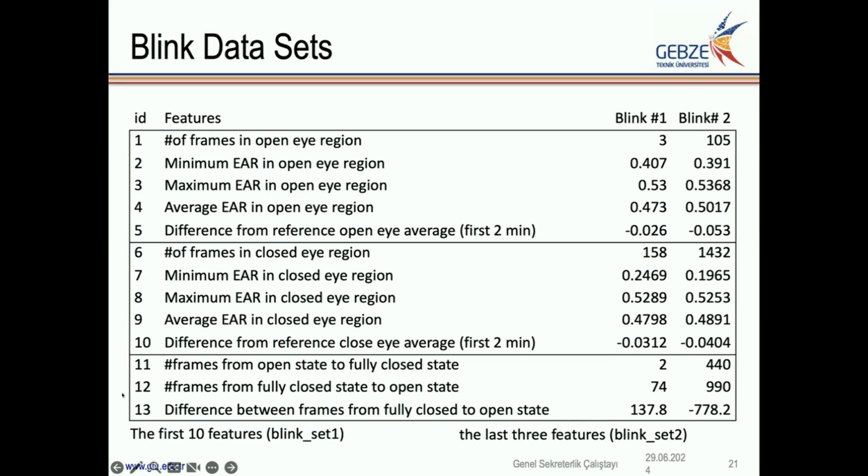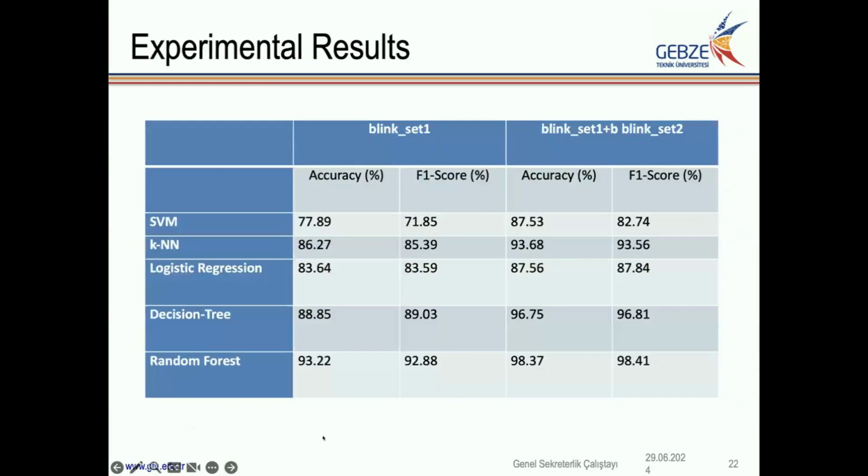We also try to understand the contribution of the last 3 features for drowsy detection. So the whole data set is called BlinkCent 2, but the data set with only 10 features is called BlinkCent 1 to make the comparison.